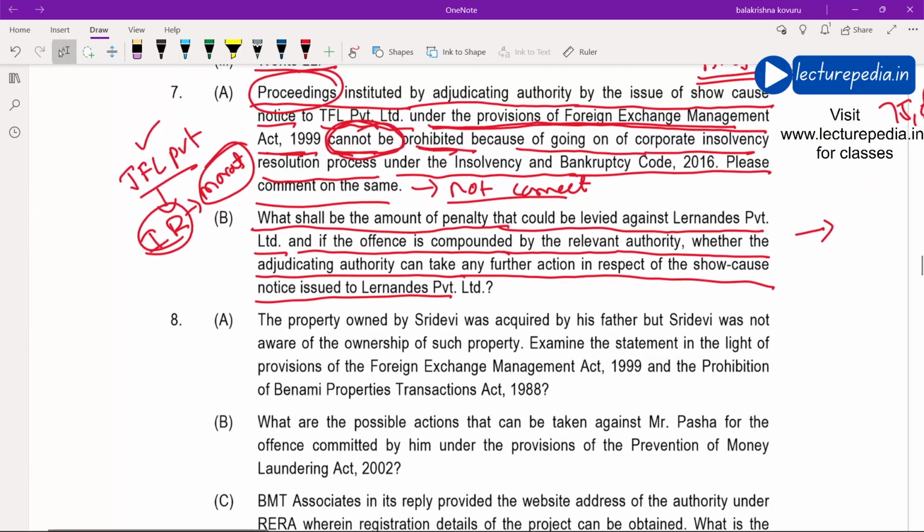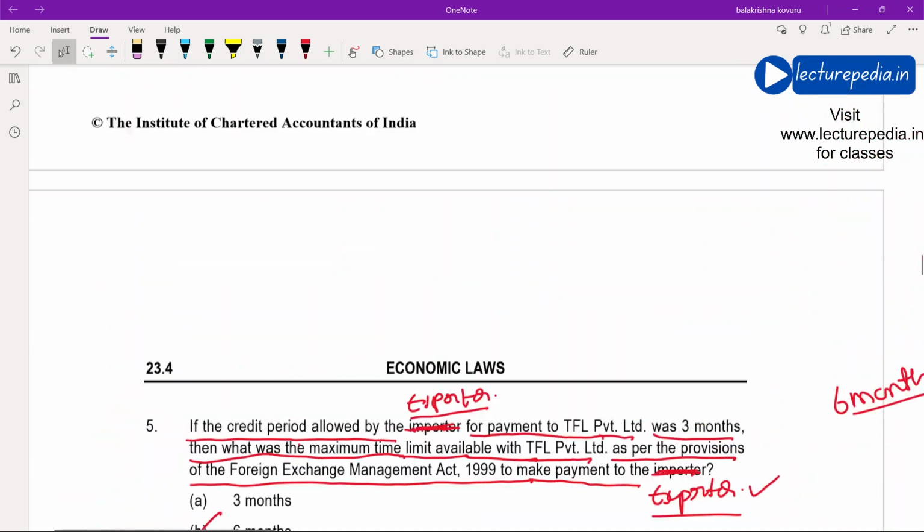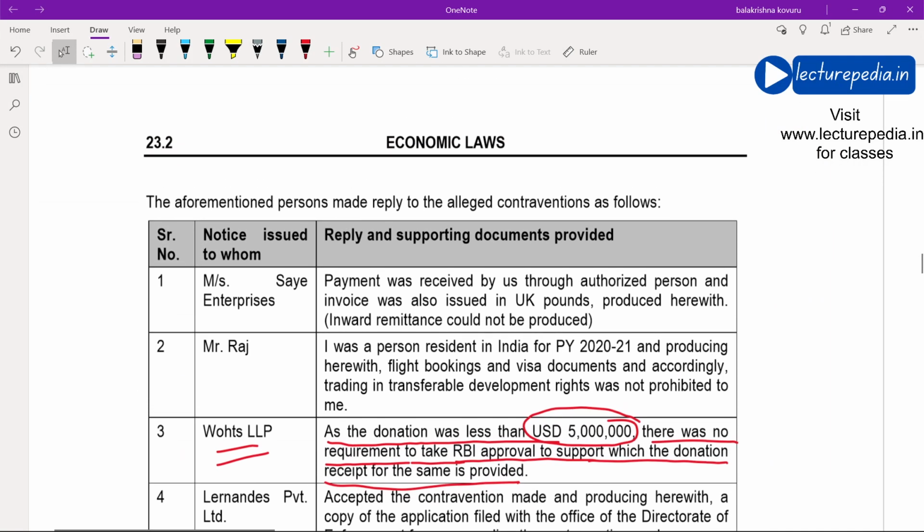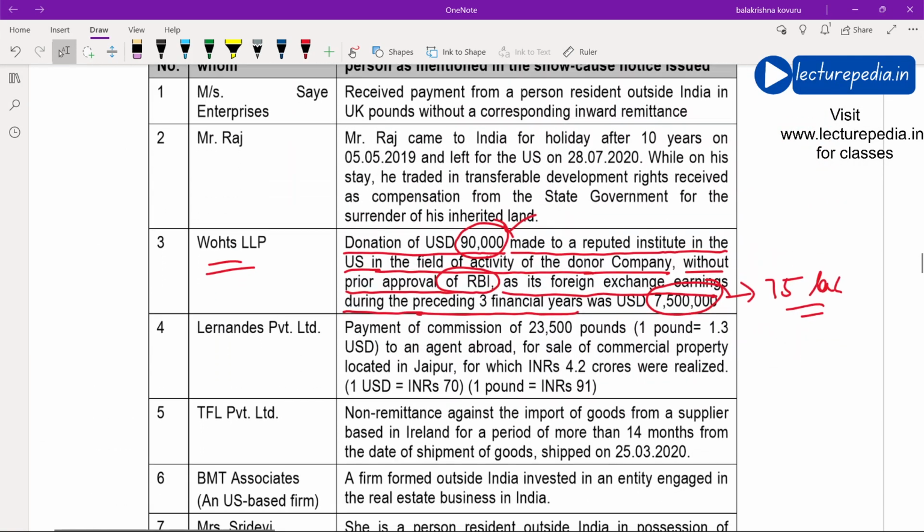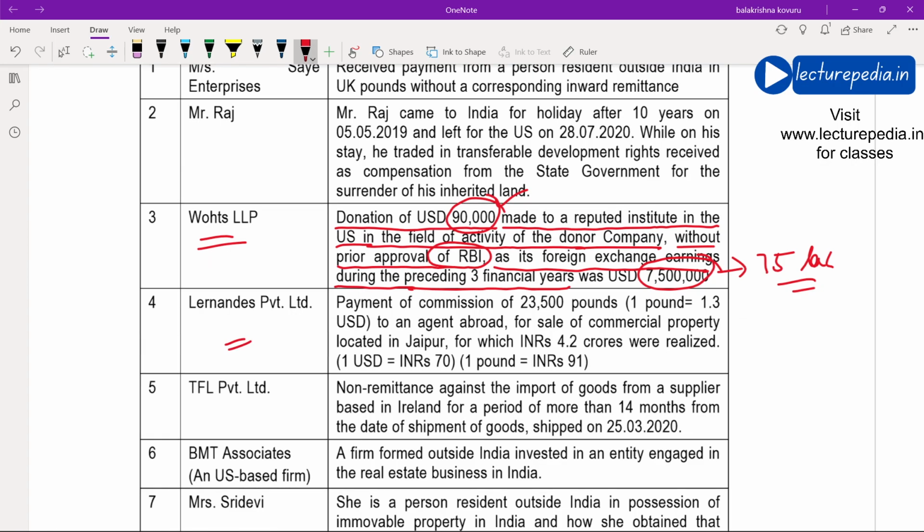First of all, let me show you the notice that has been given by the adjudicating authority against Lernander. See, what did it say? Payment of commission of 23,500 pounds, 1 pound is equal to $1.3, to an agent abroad for sale of commercial property located in Jaipur, for which 4.2 crore were realized. Even MCQ number 1 is also based on this only. Now let us see whether this payment of 23,500 pounds is allowed or not.